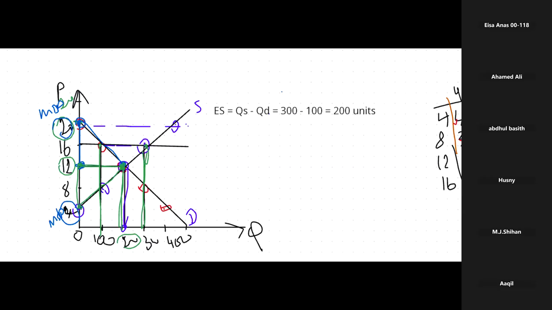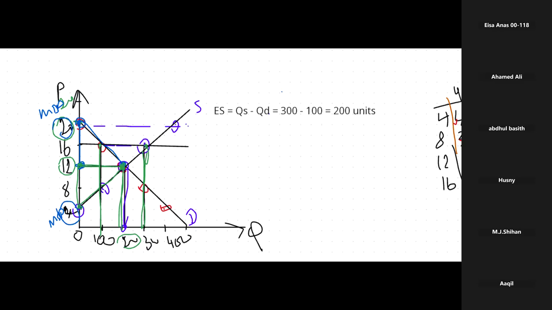Excess supply means what? Surplus, no. Excess supply is surplus, no. But if there is a surplus, what will happen to the price? The product has been produced, but that amount can't be sold fully.